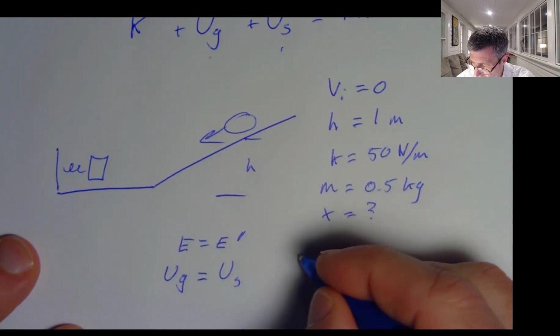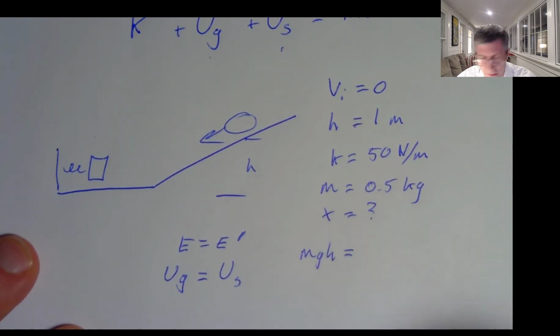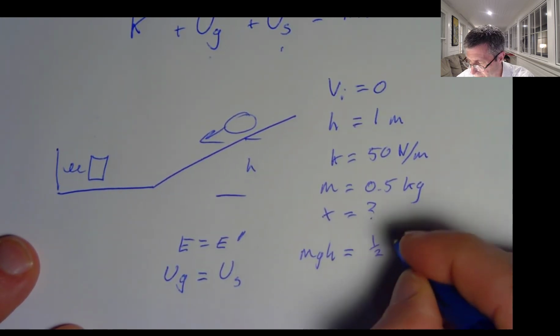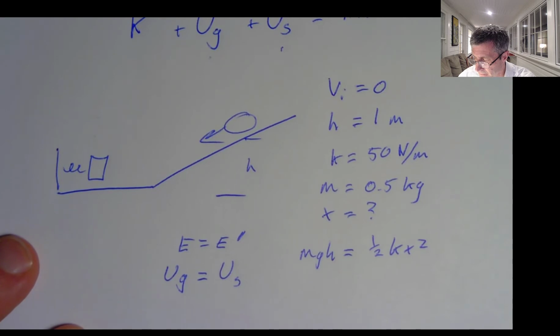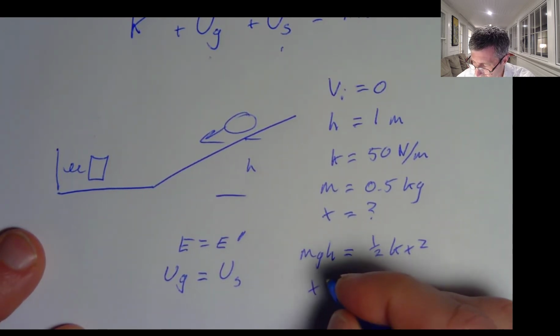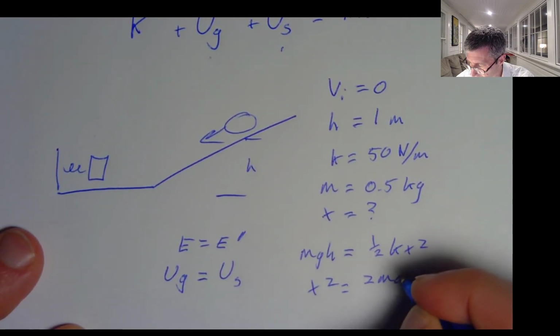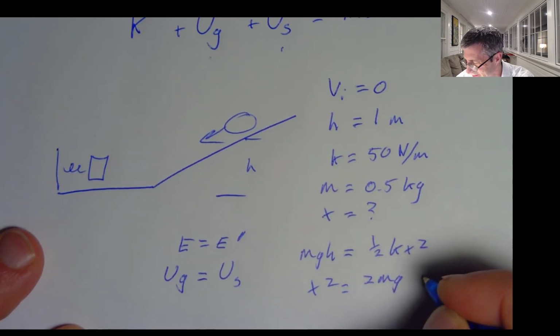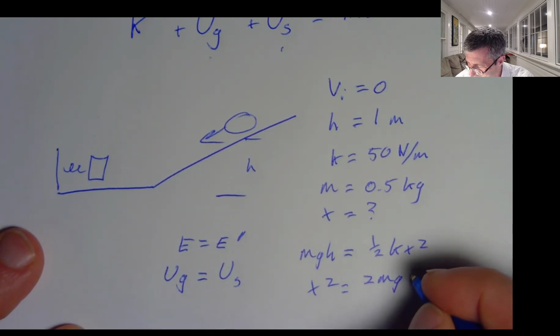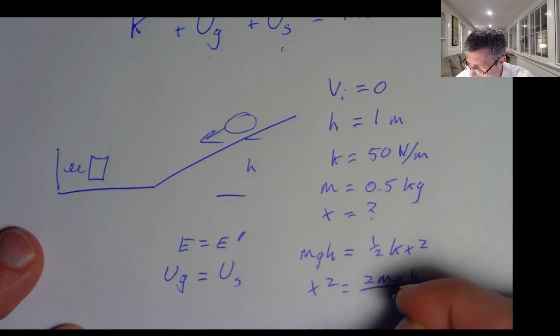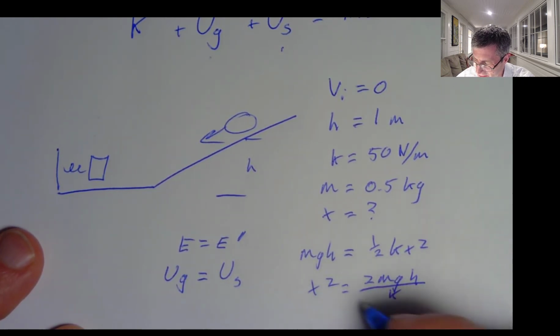I can write an equation, mgh, and this is going to be equal to 1/2 kx squared. And I can rearrange this so x squared is going to be 2mgh over k, and I'll square root both sides.